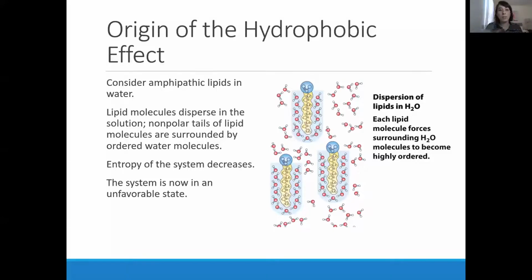This is going to, over the whole system, decrease entropy, which is again a very unfavorable state. Now, all of these molecules of water that sit around each individual lipid are in this ordered and unfavorable state.